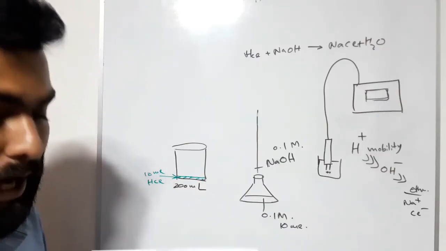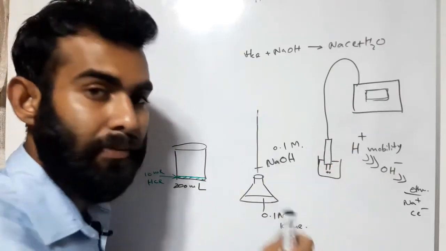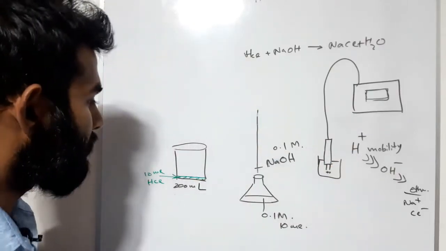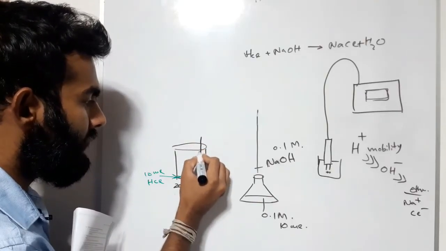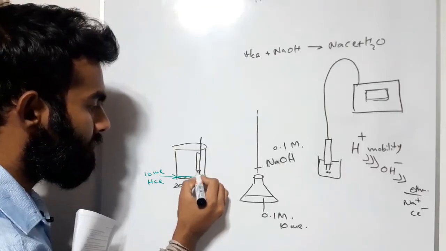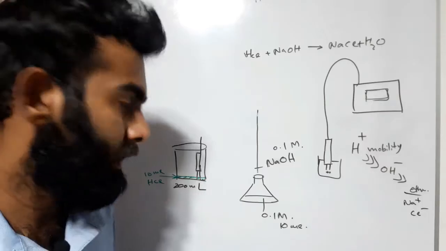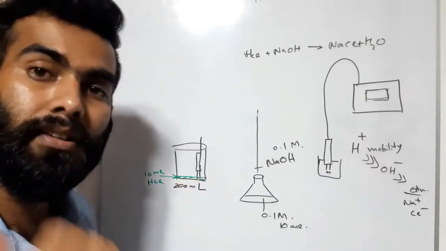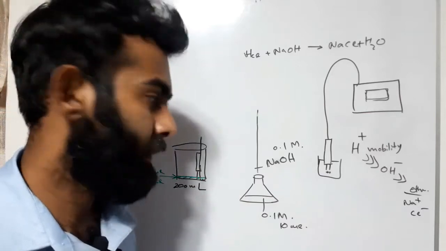Now we have to immerse our conductivity meter cell in this solution. But there is a problem. The two metal plates are not fully immersed, because the volume in this beaker is not sufficient to immerse the metal plates.